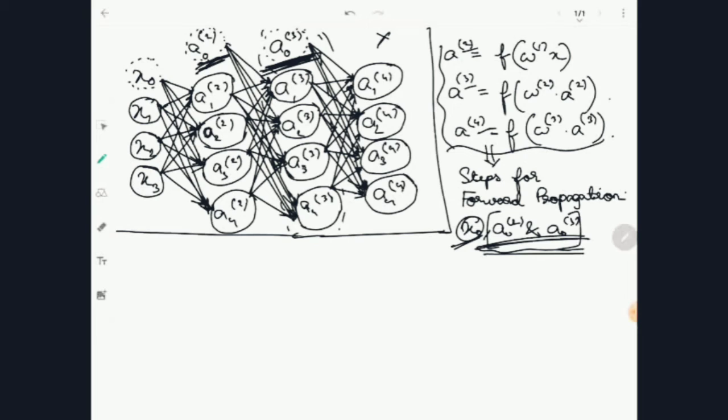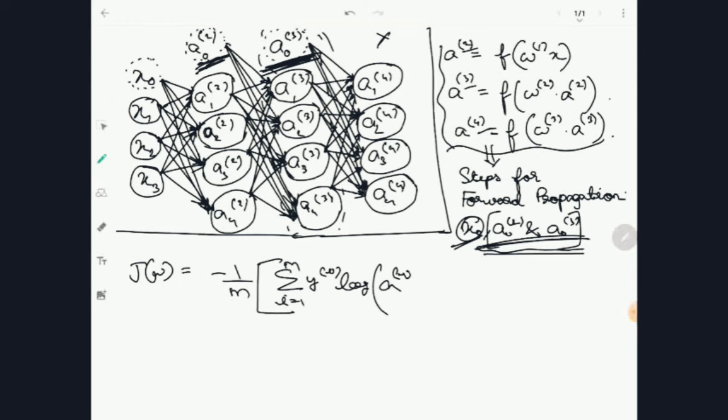Now there is a regularization term which is also sometimes introduced. As we know, J(W) is the binary cross entropy function: sum over i equal to 1 to m of yi log of a4, actually this is a4 in our example, plus 1 minus yi log of 1 minus a4.